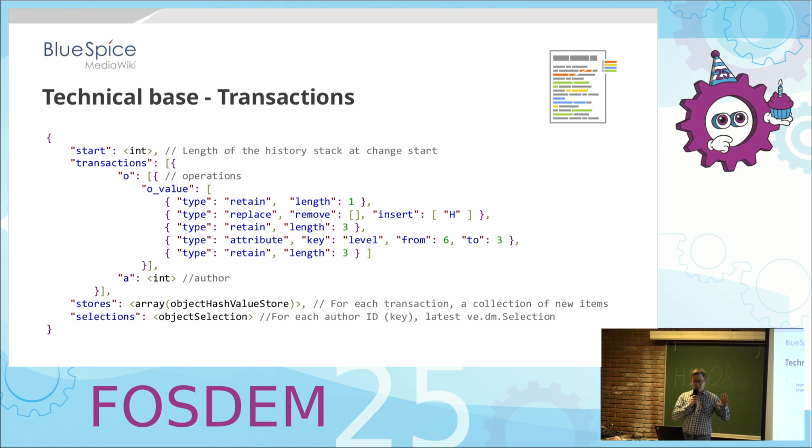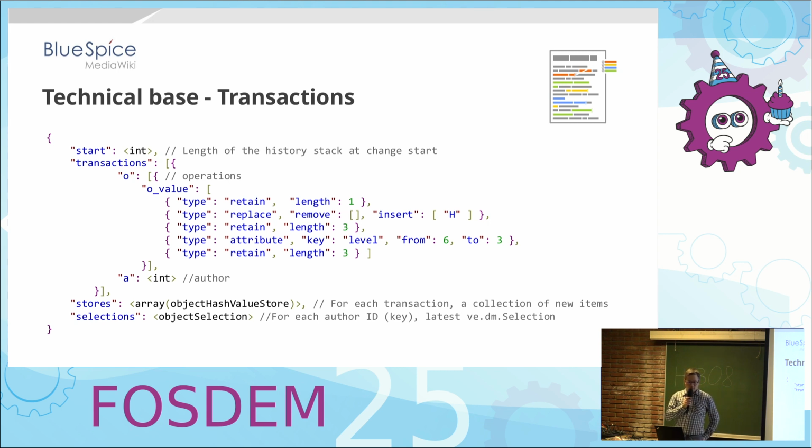Next to the actual transaction, there are a lot of other things that go with the change. That is, there are stores and selection information, which I did not put in here because it's not that important for this example. It's just so you know that for sharing which parts of the document are selected or where the cursor is, you also need to have this inside of a change object.